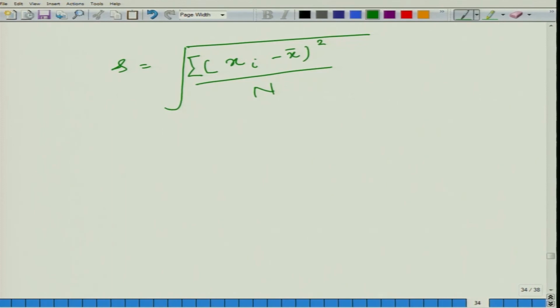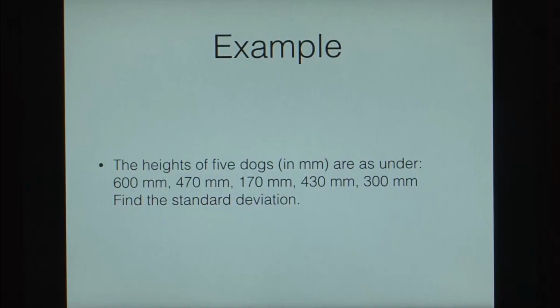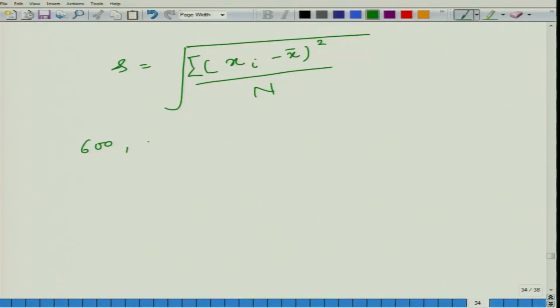So, to understand it more thoroughly, let us take another example. The heights of 5 dogs in millimeter are as under. So, you have the heights, they are given as 600 mm, 470 mm, 170 mm, 430 mm and 300 millimeters, and we are required to find the standard deviation.